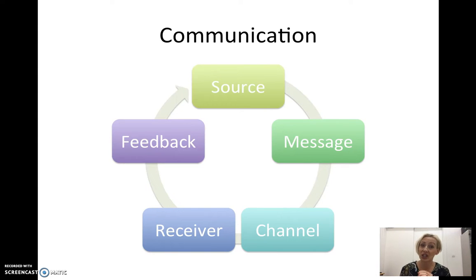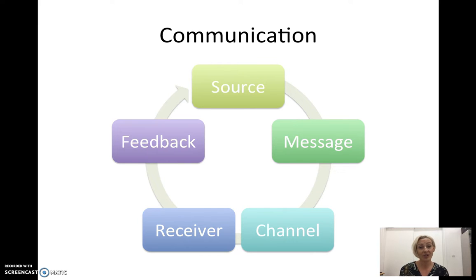Then I have to find the channel through which this message will be sent. And through this channel, this message will get to the receiver. And the receiver, hopefully, will decode the message. Now, this, of course, can only happen if the source and the receiver understand the symbols in the same way. That's why the symbol is so important in communication.